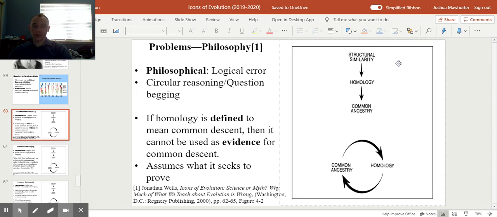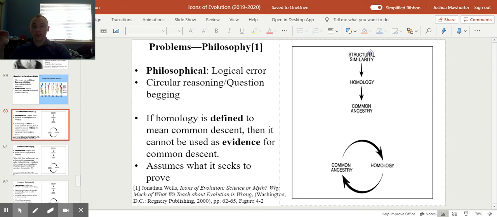As you can see over here on this visual, this chart, structural similarity is noticed. That is called homology. That just means that there's an observation of a similar structure. But then the definition of homology is changed to say that the structural similarity comes from common ancestry. Well, how do we know it comes from common ancestry?